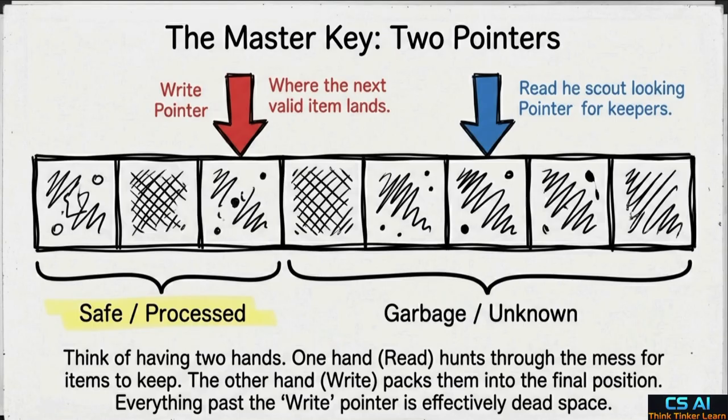Everything behind the write pointer is what we call the safe or processed space. Everything between the write and read pointer is effectively garbage or unknown. By moving these pointers at different speeds or based on different conditions, we can restructure the entire array without ever needing a temporary storage area. This is the fundamental mechanics behind almost every O(1) space problem you'll ever see in an interview.